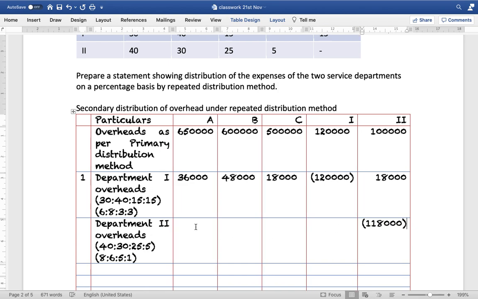This has to be shared in the ratio of 8:6:5:1. So we will be getting 47,200, 33,400, 29,500, 5,900.